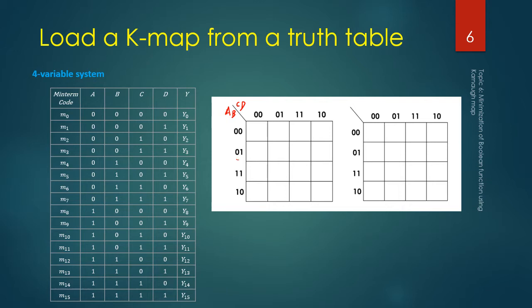After 0, 1, you need to put 1, 1. Okay, then this square would be 0, 1, 2, 3, 4, 5, 6, 7. Now 8 is here. 9, 10, 11, 12, 13, 14, 15. That's how you write it. You just put the corresponding y values in.